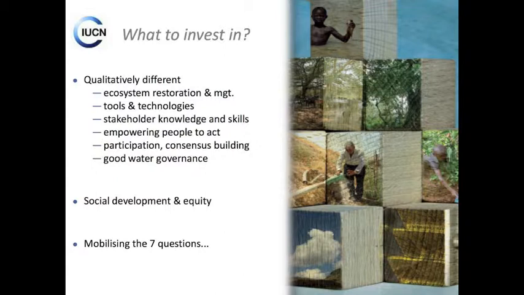But you're also critically thinking back to the question about with the ecosystem approach about how you do it. You're also critically making investments in stakeholders and their knowledge and their skills. You're making investments in institutions that enable people to take action, and in processes that build participation and consensus building about what needs. So you're investing in good water governance, and out of that come some important elements alongside development outcomes from major water infrastructure investment, some important elements for social development and equity.